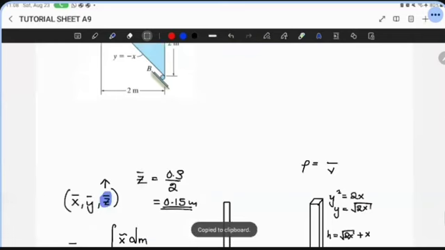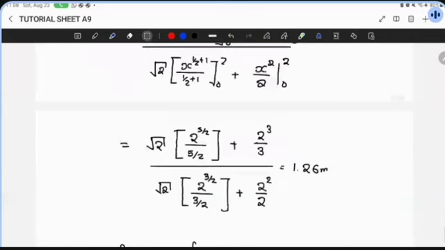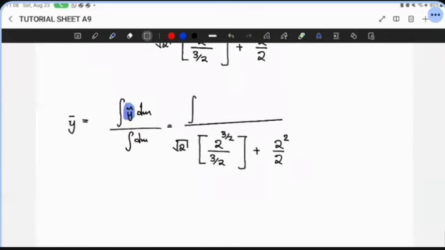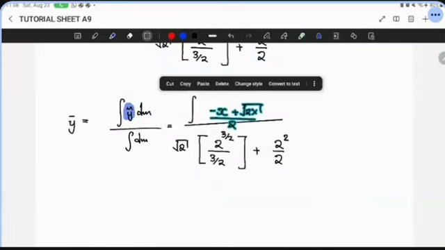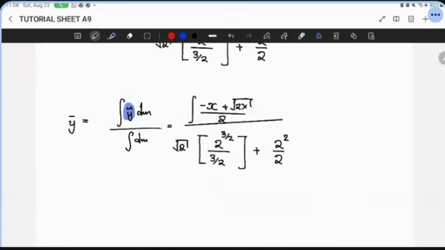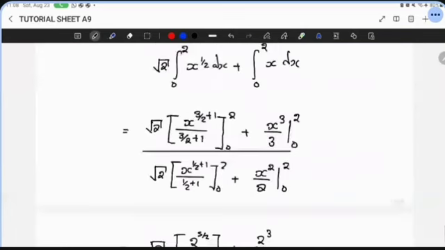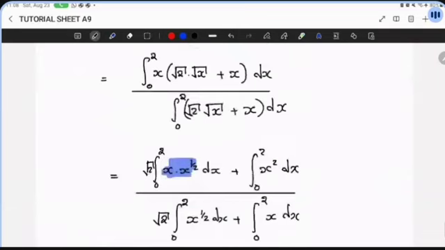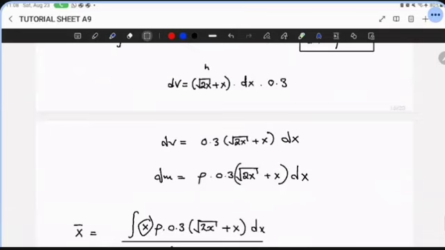So I'll place that expression where there's y tilde. But y tilde has to multiply dm. The expression for dm is still the same. So let's get that expression. So dm turned out to be this. Is that okay?